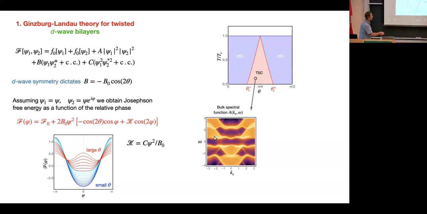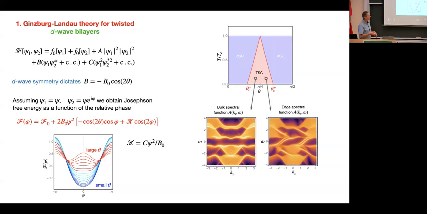And what this tells me is that I have a fully gapped spectrum, right? There are no states near omega equals 0. And that tells me I have no low-lying excitations in the system. However, I can calculate the same spectral function at the edge of the sample, just looking at the edge. And I see that now that gap is traversed by these right-moving edge modes.